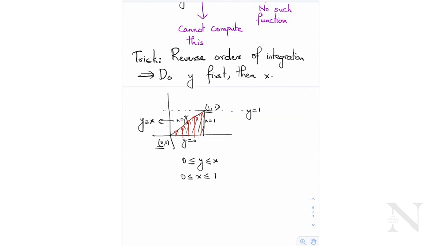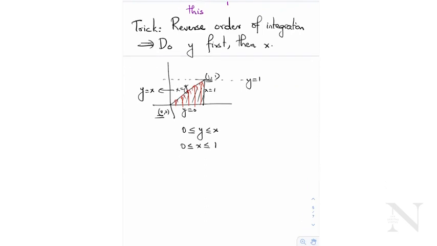This is not a rectangular region, it's a triangular region. So you could do it, but do it carefully. You cannot just say, oh, I'll just put the second one first. No, you take the same integral, look at the region, and see how you can switch them without violating anything else. So now this is going to become y first, then x, e to the power of negative x square dy dx.